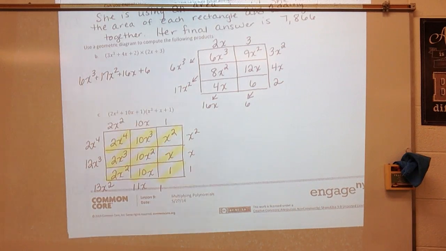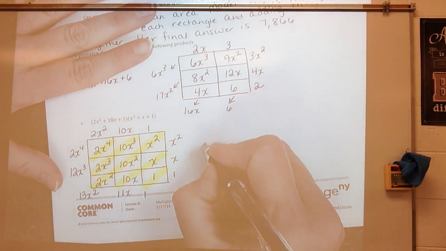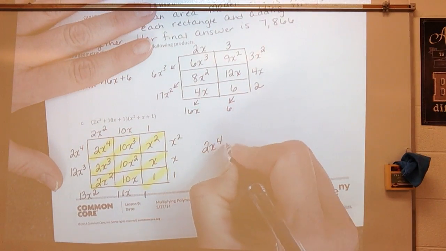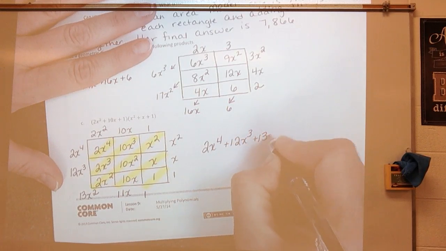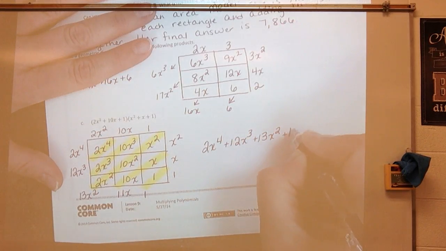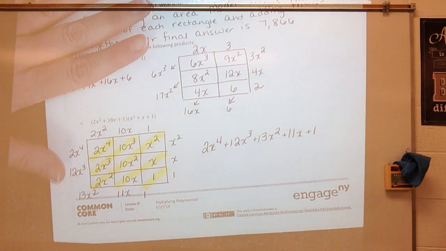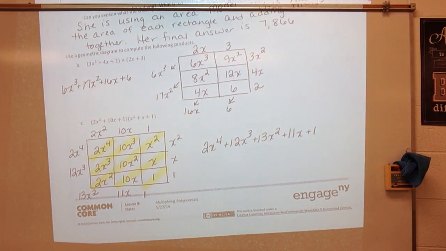So now I have combined everything that I can. Here's my answer: 2x to the 4th plus 12x cubed plus 13x squared plus 11x plus 1. And I'm finished, because I cannot combine anything else.